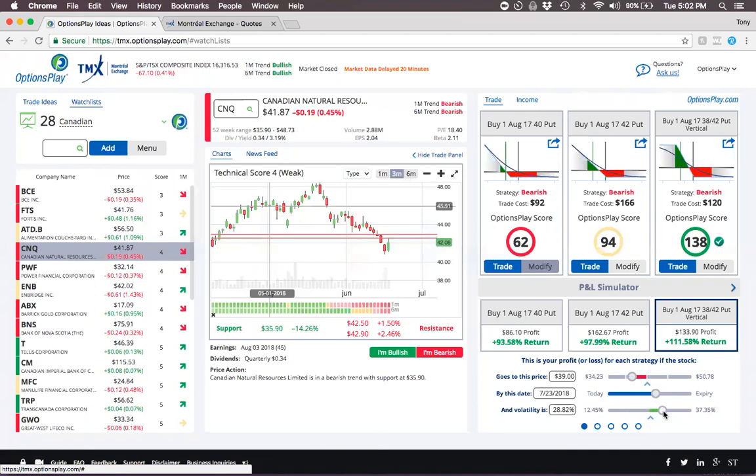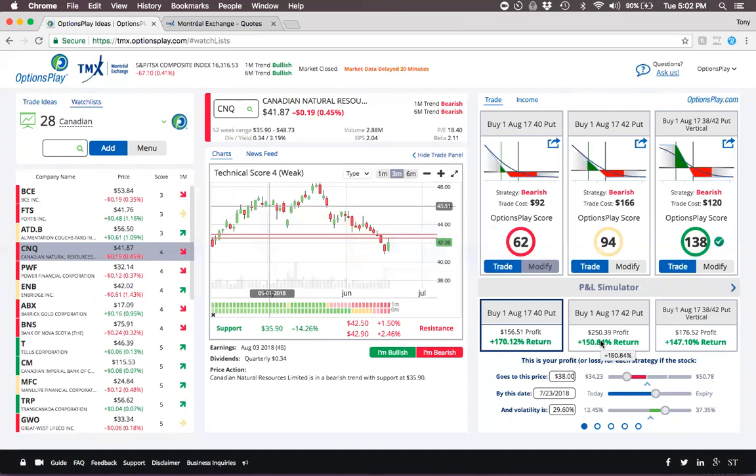Even if volatility expands by 5%, as you can see, you move from 92% to 99%. Very small changes in your P&L versus if the stock goes from 39 to 38, your impact goes from 92% to 150%. That's really why we want people to focus more on the directional view on the underlying stock, because that's what contributes to gains and losses in your option strategies.